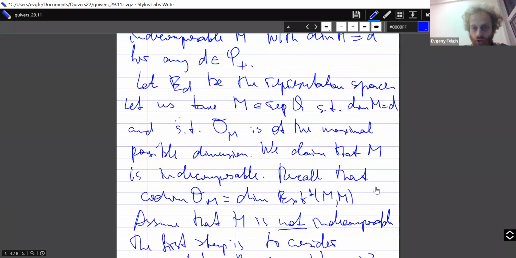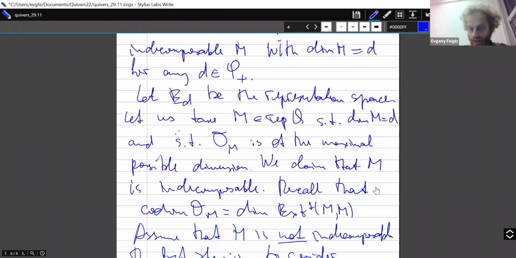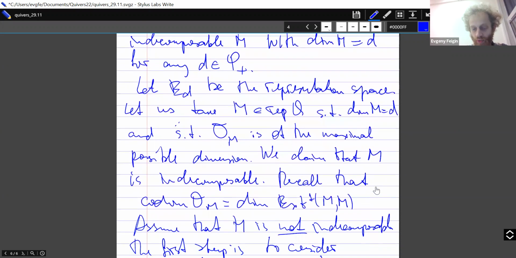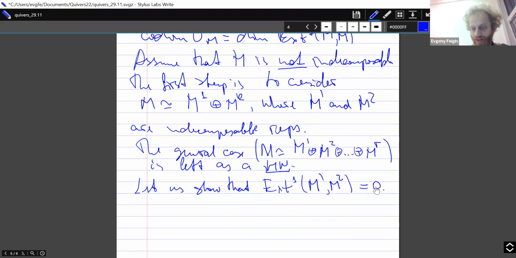We want to show that M is indecomposable. So we take our representation space E_D and we take the orbit which is of maximal dimension. So far we don't know that M is indecomposable. This is our goal. You are absolutely right. The way we want to show it is by showing that Ext^1 is 0, and this would give us the desired property, but so far we don't know that.